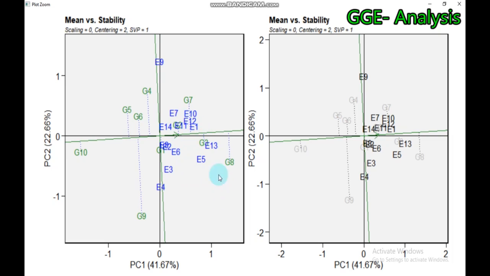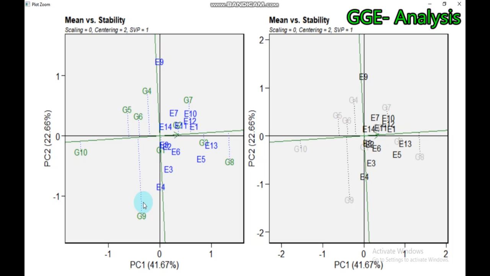In this scenario, G8 clearly indicates that it is the highest yielding genotype on average, followed by this genotype and this genotype and this genotype. A greater projection onto the average environmental coordinate measures the variability or instability of the genotype, regardless of its direction.